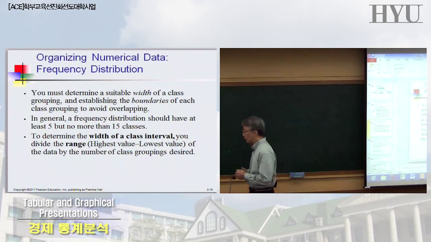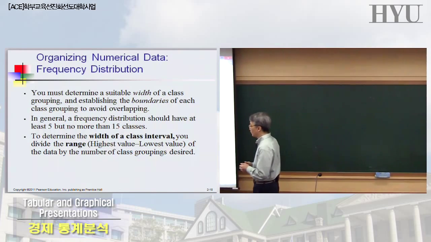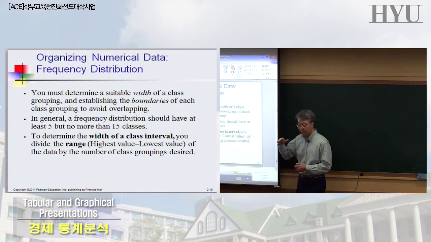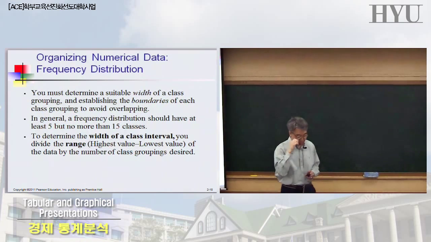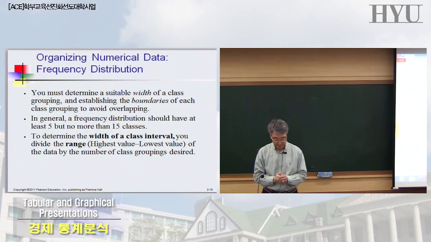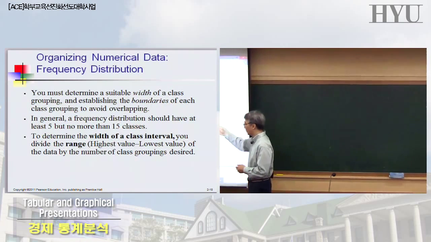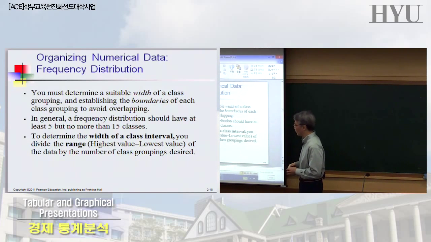Once you decide the width of a class, you can establish boundaries, the lower boundary and the upper boundary of each class. And of course, you should avoid overlapping. The classes should not overlap, okay?